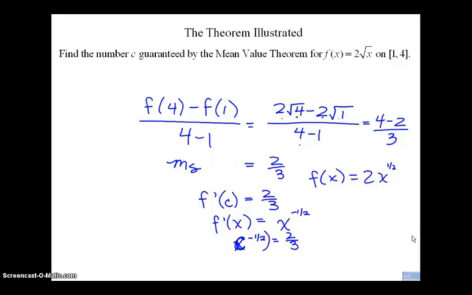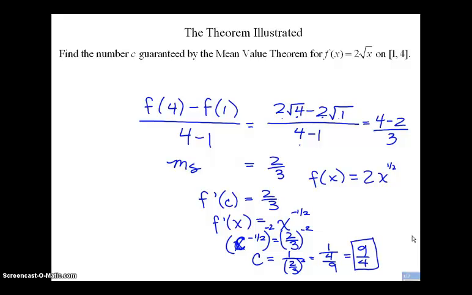So let's raise this to a -2. -2 times -1/2 just leaves us that value. This is 1 over 2/3 to the positive 2. So this is 1 over 4/9, or 9/4.